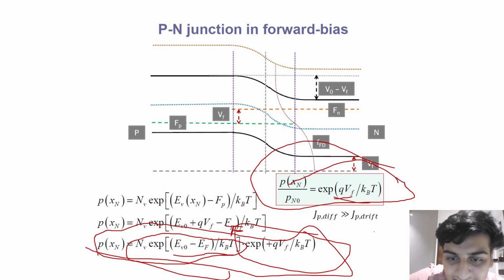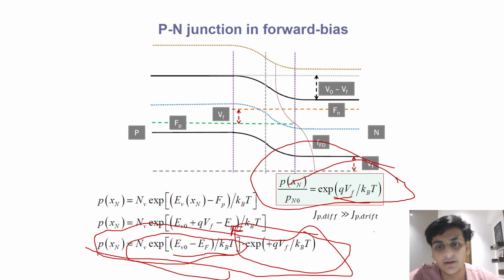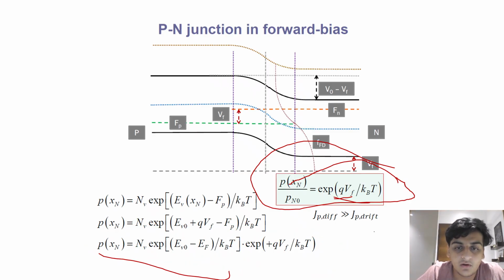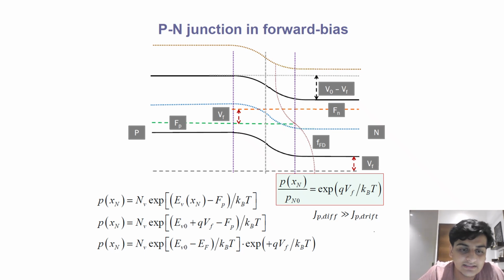So your Pxn by Pn at equilibrium becomes exponentially dependent on Vf. So if you increase Vf by some small quantity, your net hole concentration at this edge will increase by a very large quantity, and that's because of this Fermi level splitting that actually has occurred.